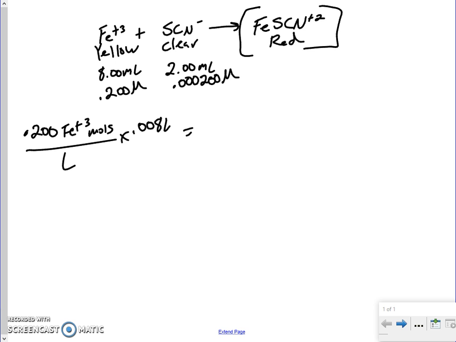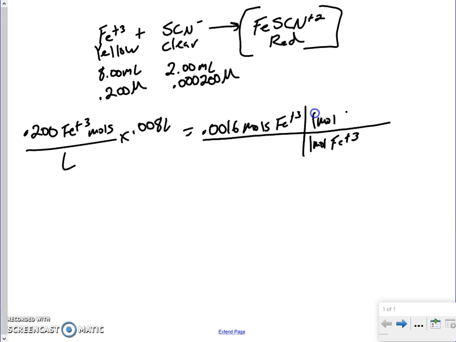So 0.2 times 0.008 gives us a mole value of 0.0016 moles of iron. Okay, and if we take that to our iron thiocyanate, it's a 1-to-1 ratio. For every 1 mole of iron, we get 1 mole of the iron thiocyanate. Okay, which means we end up with 0.0016 moles of the Fe SCN.